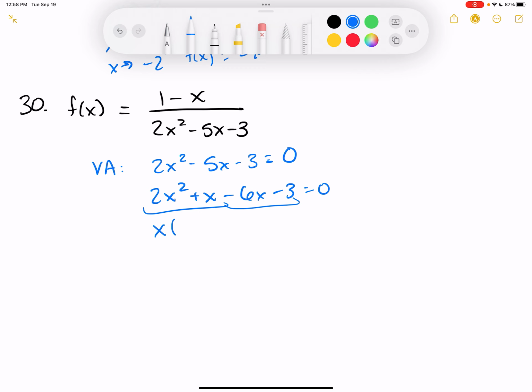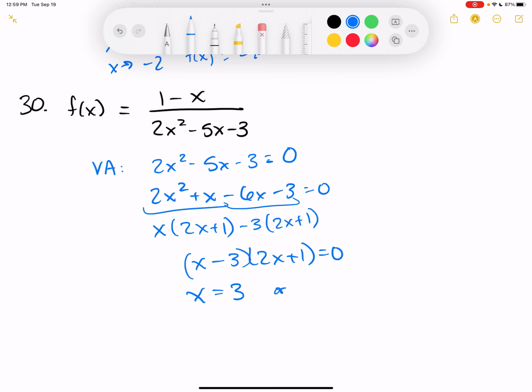Take out an x: 2x plus 1. Take out a -3: 2x plus 1. So x minus 3 times 2x plus 1. So I've got x is equal to 3, or x is equal to -1/2.